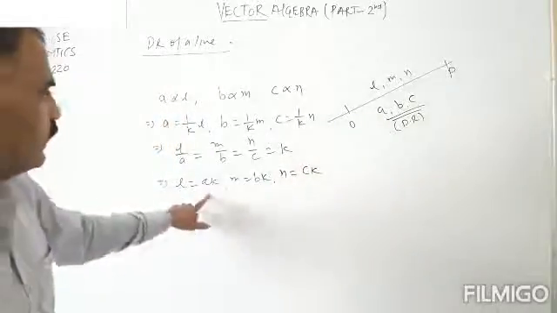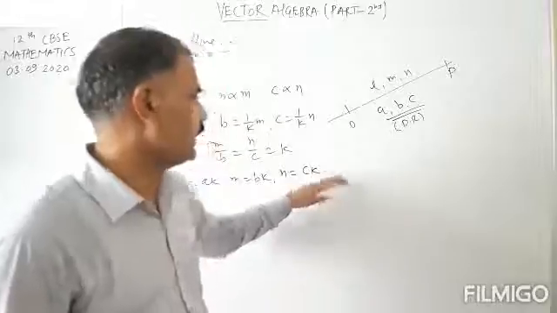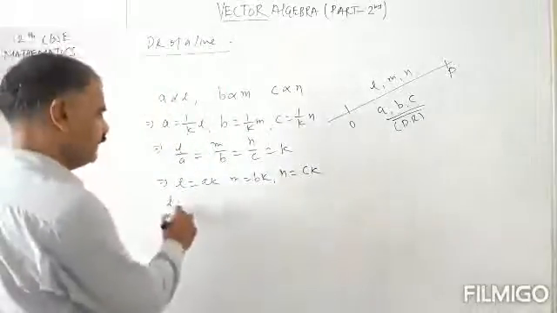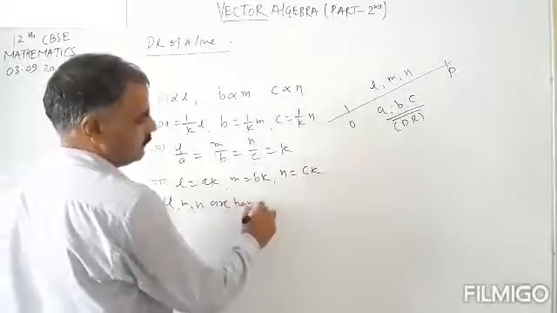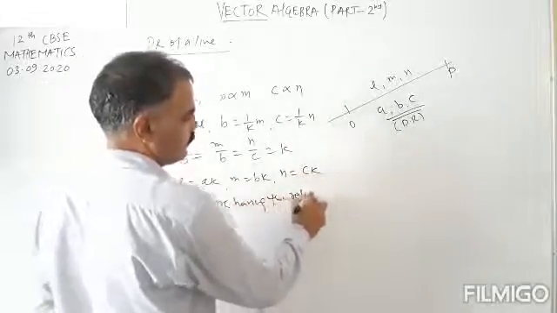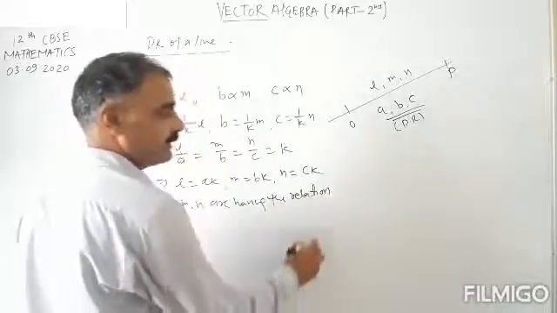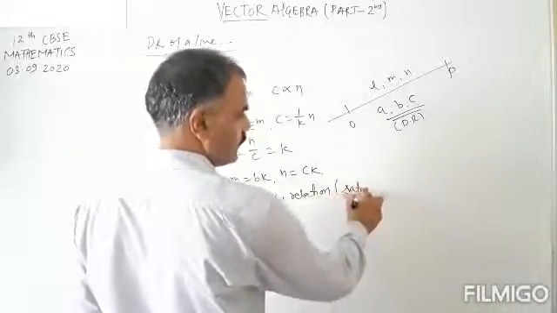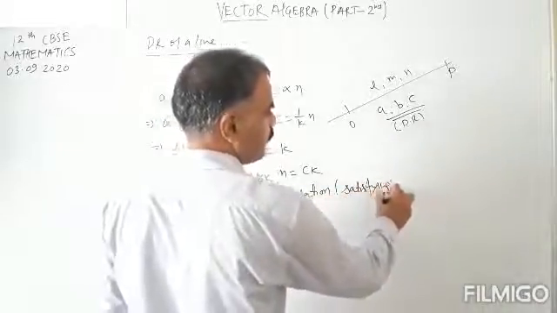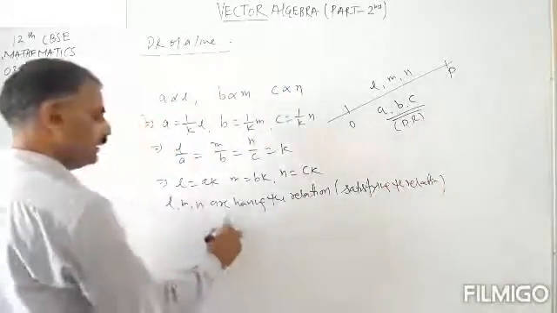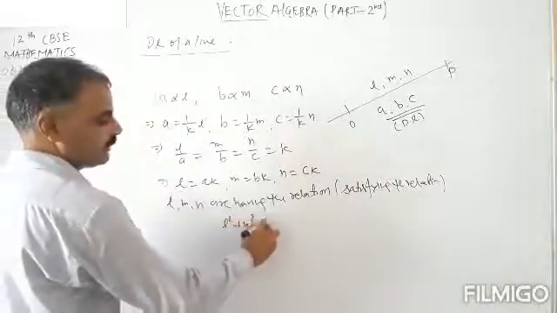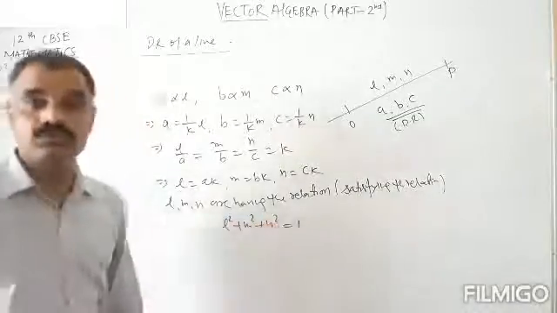Now l, m and n satisfy a relation. What is the relation? l square plus m square plus n square equals 1.